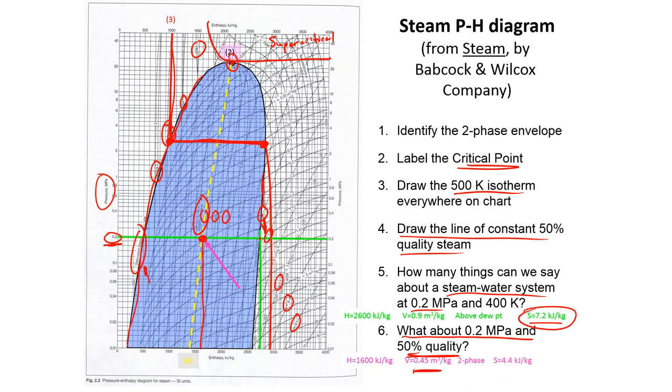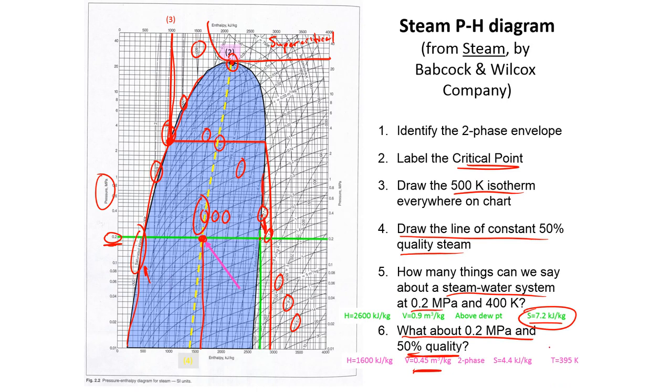It's going to be two-phase. And then the entropy is going to be 4.4. Here's the entropy lines right there: 4.5, 5 is kind of hidden here, here's 5.5. So we'd be able to get the entropy as well.